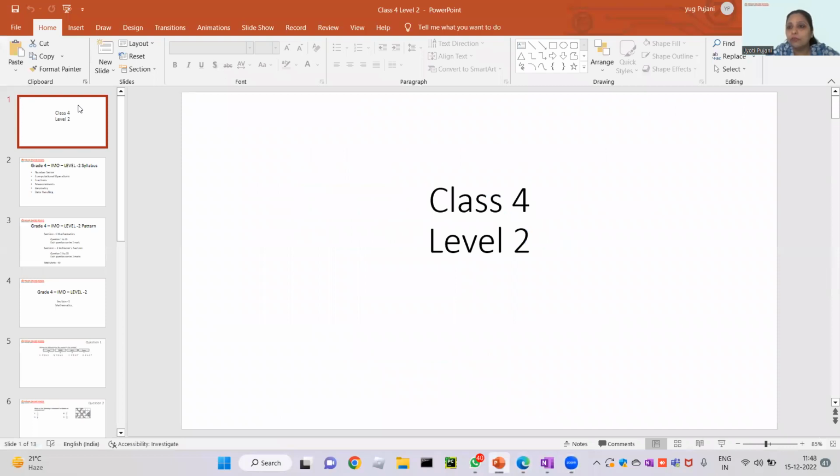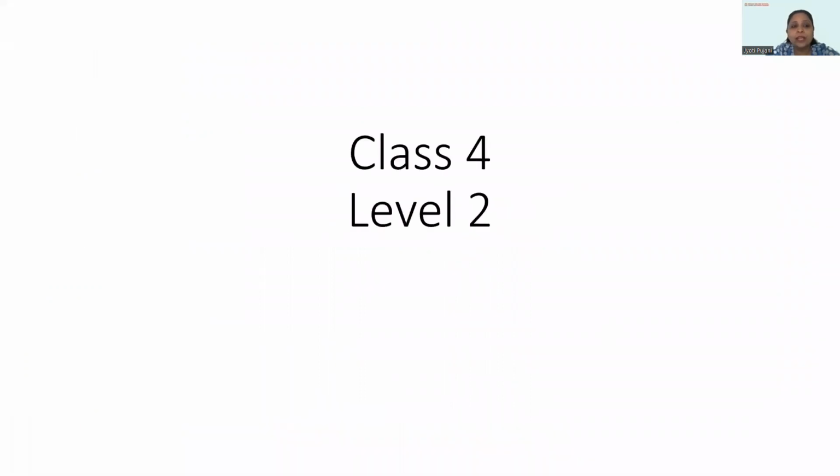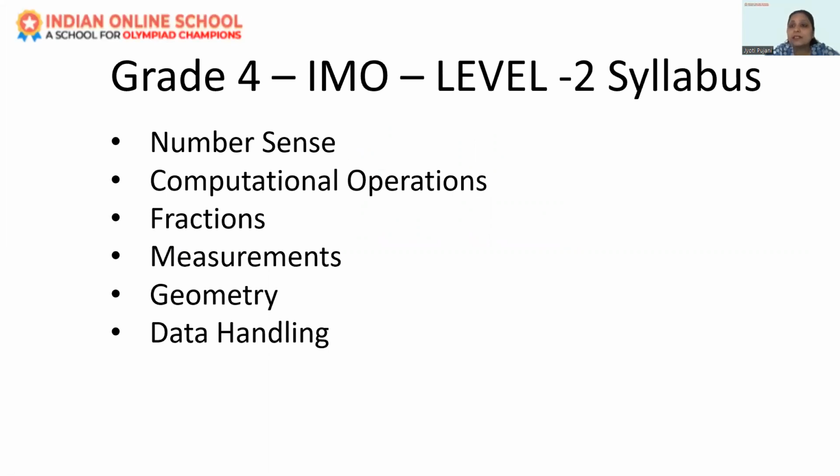Are you all able to see my screen? Okay, so today I'm going to take a class 4 level 2. First of all, I will tell you the syllabus of class 4 level 2. The syllabus is the same as in level 1: number sense, computational operations, fractions, measurements, geometry, and data handling.